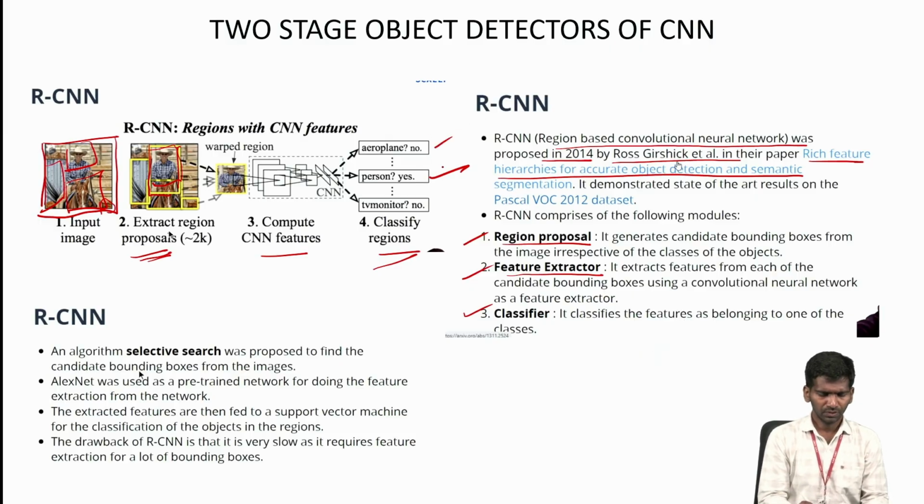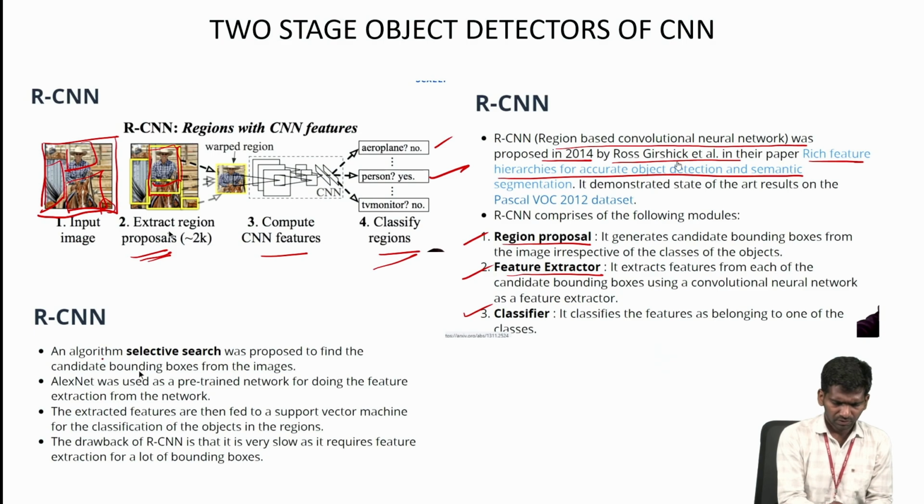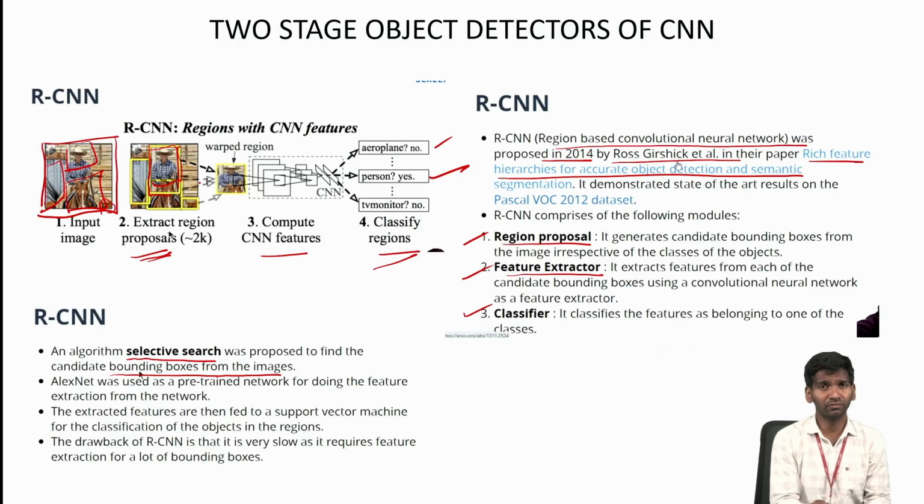Here you could see that a selective search algorithm was used. The selective search algorithm was proposed to find candidate bounding boxes. So to find these bounding boxes, we are using selective search. The extracted features are then fed to SVM.